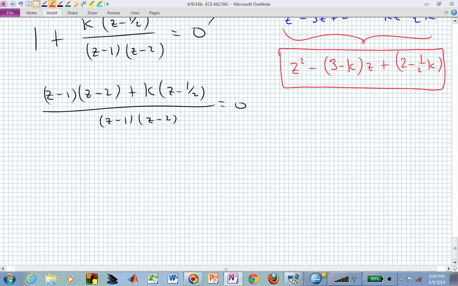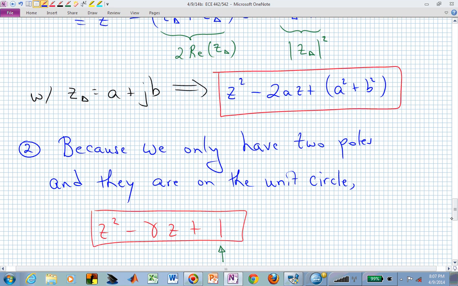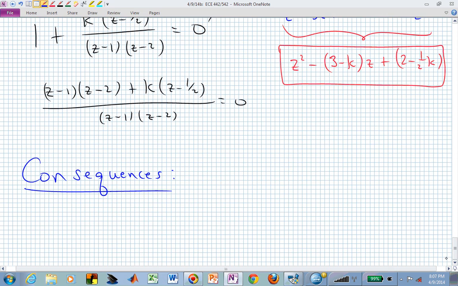Now, the consequences of those relationships, or basically using those, and we know that they have to be simultaneously true. If we look at the first two, we know a relationship between the real and imaginary part of z delta. They have to have a magnitude of 1. So now we know that a squared plus b squared is equal to 1.